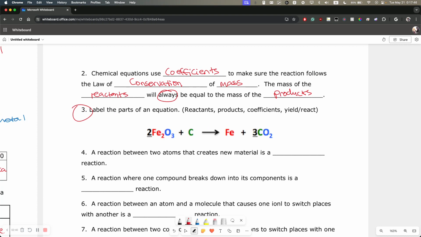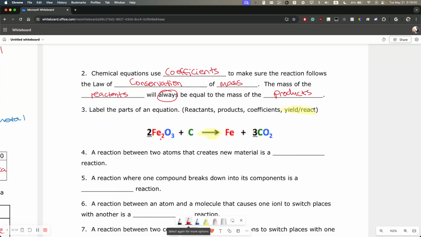So question 3 says, label the parts of an equation: the reactants, products, coefficients, and the yield/react. Let's go ahead and highlight the yield/react. That's going to be this arrow here. That just means yield and react.